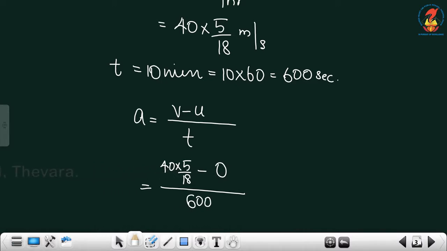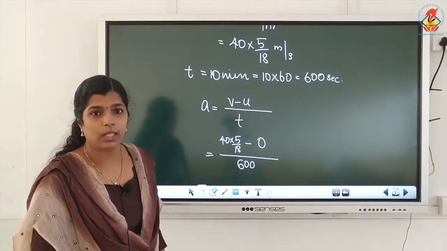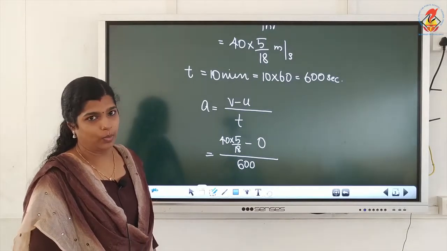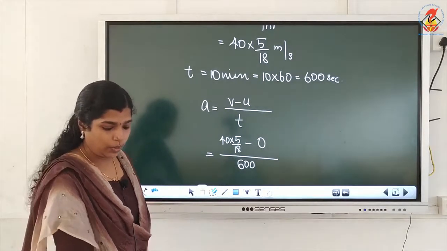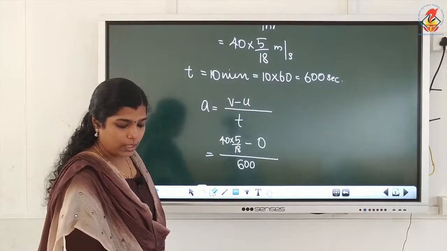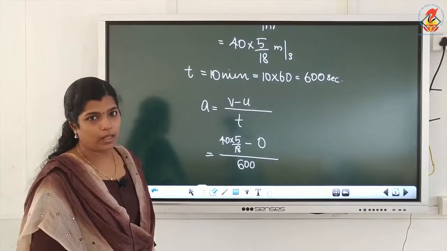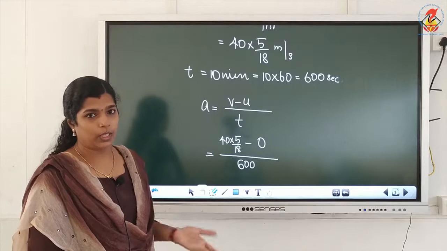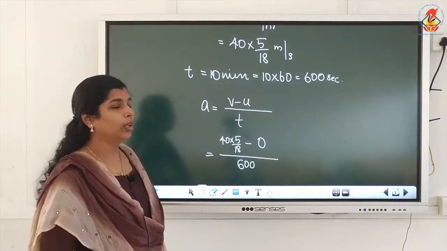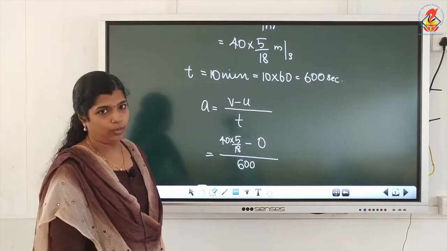Okay. So when you do it, you will get the answer in meter per second square. 3 more problems are there that we will do in the next video. Okay.